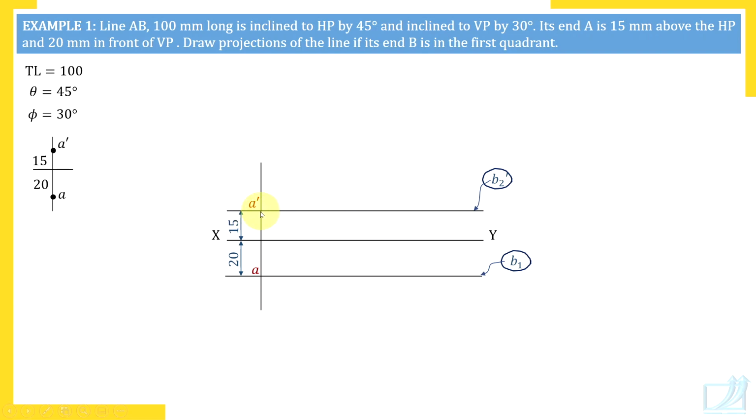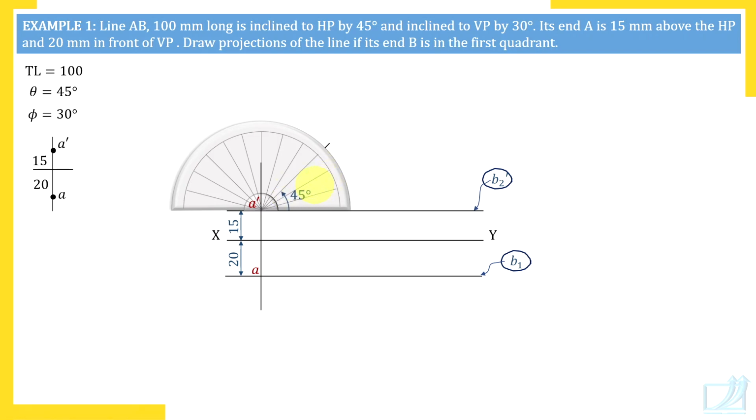Through A dash, there are three front views. Which three front views? A dash B dash, A dash B1 dash and A dash B2 dash. Out of the three front views, we can draw the true length front view. True length is 100, and true length gives true inclination, and front view gives inclination with HP. So we'll draw the true length front view at point A dash, and it shows true inclination 45 degrees.